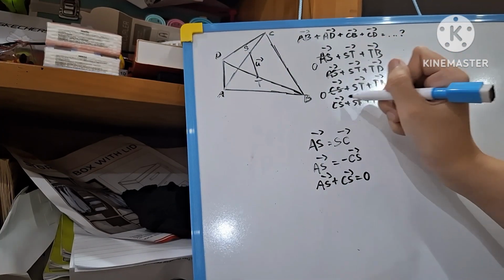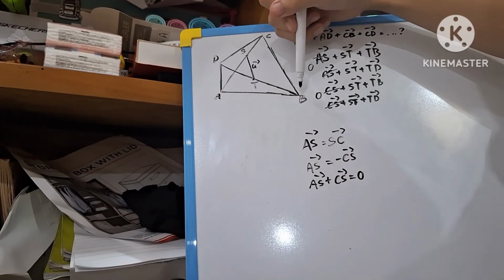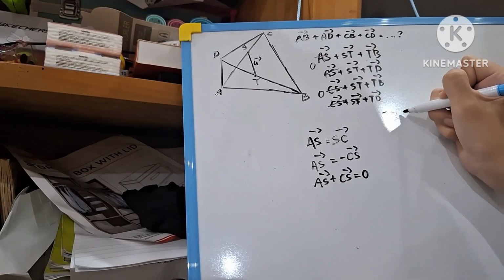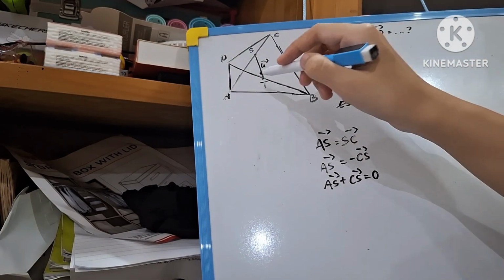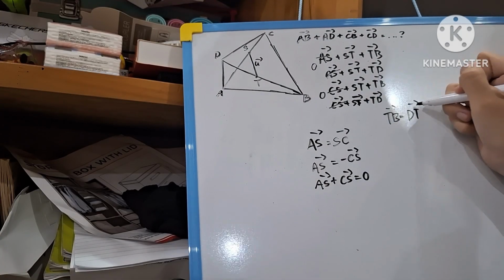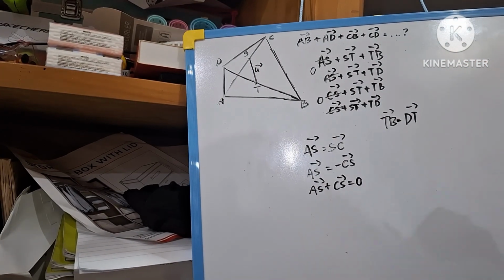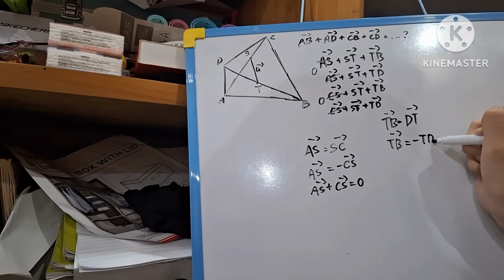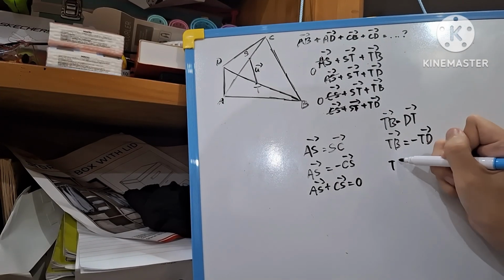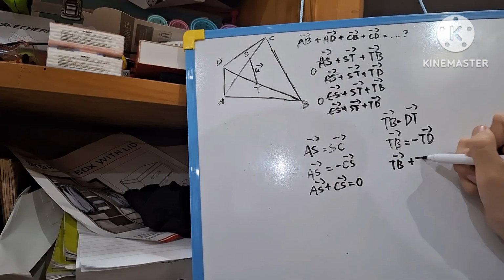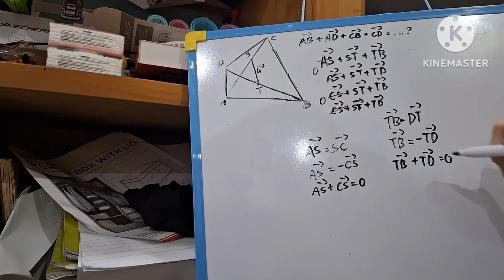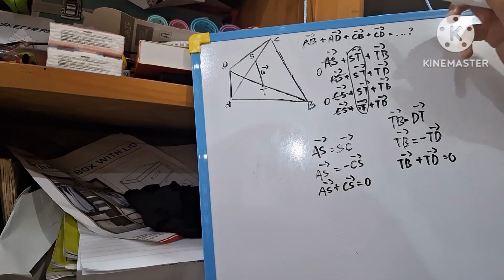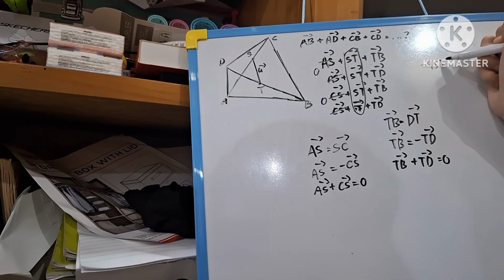Now for TB, it has the same value as T to D, so we'll turn this around, turn this to the left, then eliminate those, and what's left? These numbers, so the value is for ST. We already know the length is U factor, so just simply do this, and this is the final result.